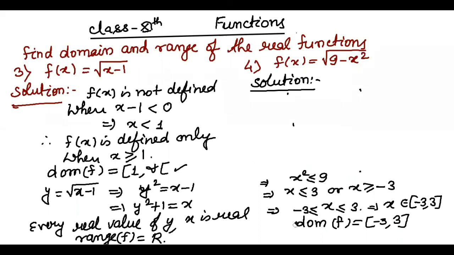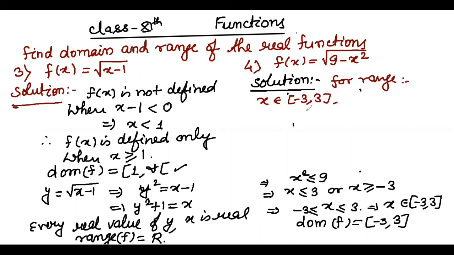Okay, now for the range, here x belongs to minus 3 to 3. So f(x) will have a value in the interval. Here we will not convert x in terms of y. In all such questions, we will not convert.